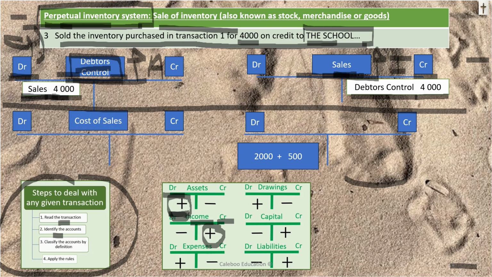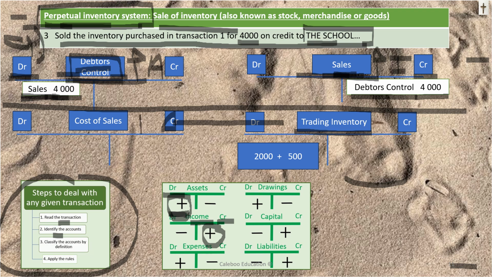Now there are two accounts involved with part B. At the point of sale, trading inventory is what we say expensed, because this sale came with costs, and the cost of the sale was the cost price of the trading inventory that we are selling.